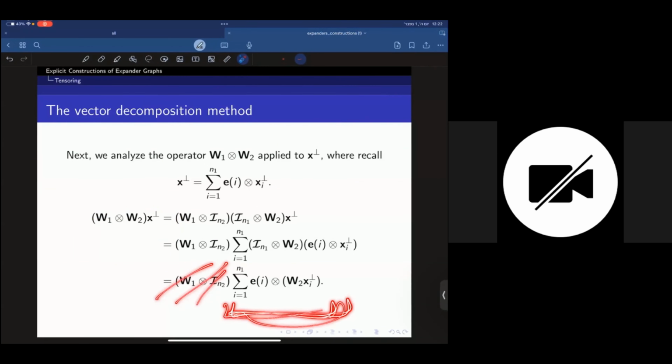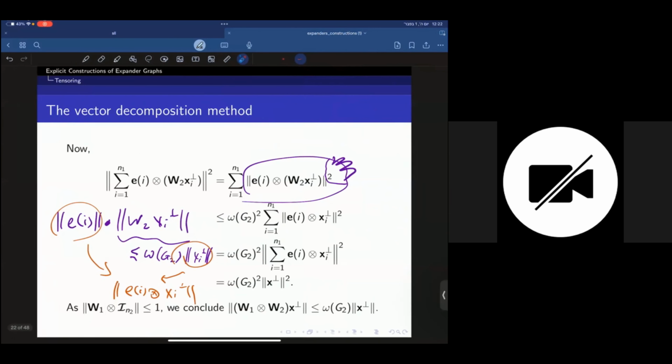That vector has a norm that, squared, is at most omega of G2 squared times its own norm squared. But without the squares is what you want. The norm of this thing is at most the absolute value, but it's positive, omega of G2 times the norm of X perp. So that's good. You got what you want.